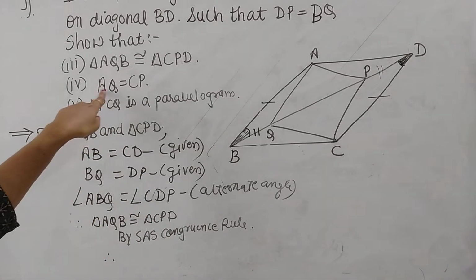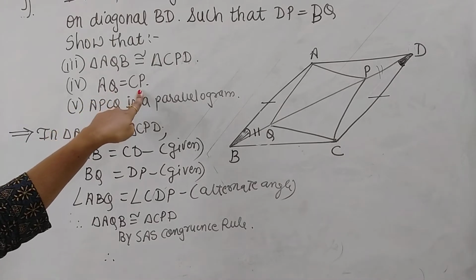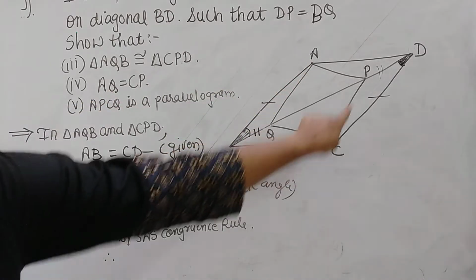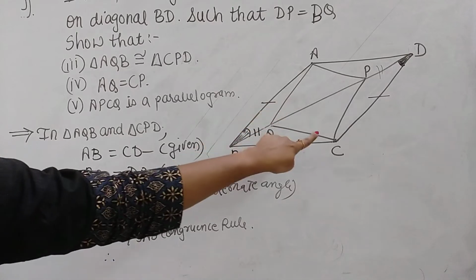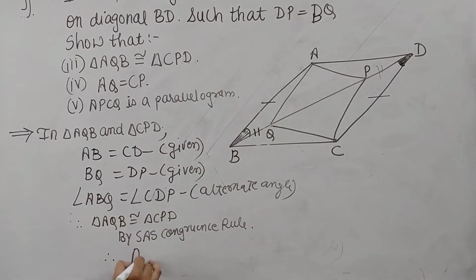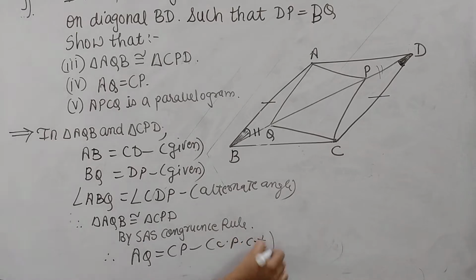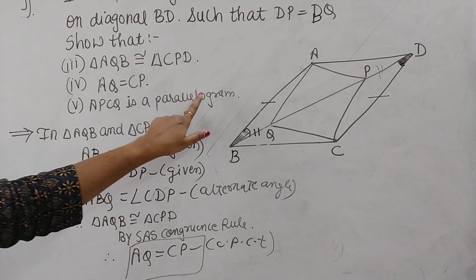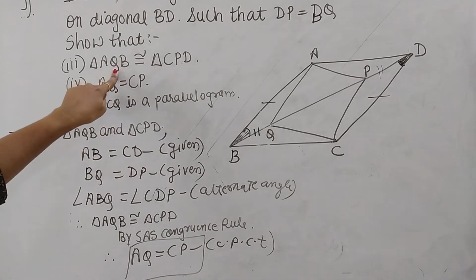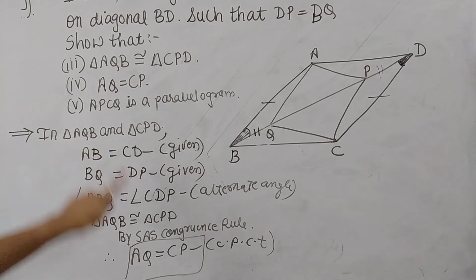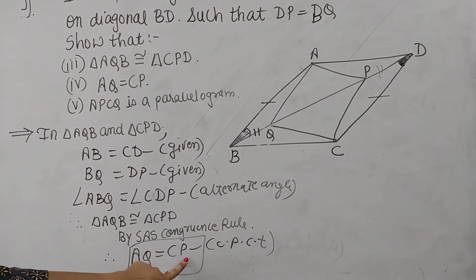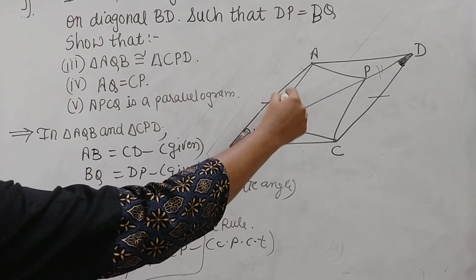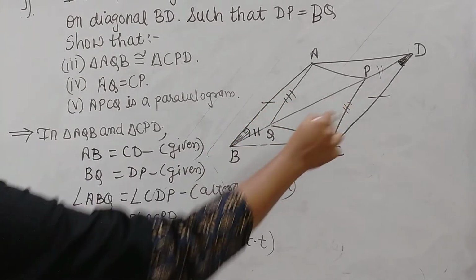Now coming to the next part, that is AQ is equals to CP. Now this AQ and CP will be equals to each other by CPCT. So AQ is equals to CP, reason is CPCT. Okay. Now I need to show APCQ is a parallelogram. Now in this triangle, when we have proved as congruent, we have written AQ is equals to CP. Let's mark that AQ is equals to CP.